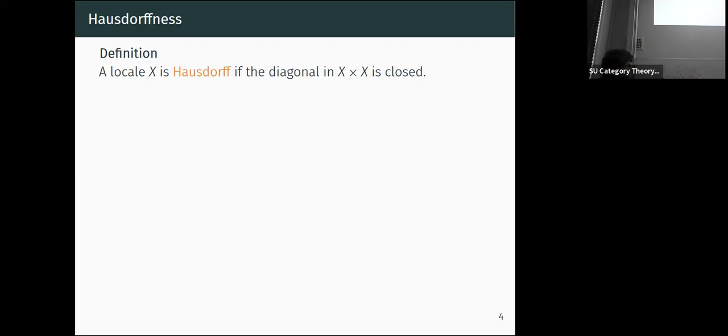This basic open set will be some basic open rectangle, something times something. So (x1, x2) will lie in some U times V, where U contains x1 and V contains x2. Because this doesn't intersect the diagonal, it means that U and V are disjoint. So you have disjoint open sets containing each point, and this space is Hausdorff.